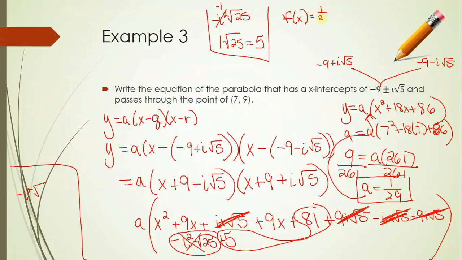So 1/29 x squared, then 18 over 29 x, plus 86 times 1 over 29, which is 86 over 29. That would be my final answer to this particular problem.